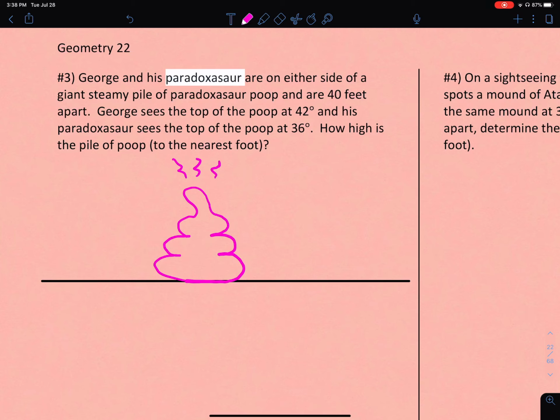George, they're either side of it. They're 40 feet apart, so let's draw George. Paradoxosaur is on the other side. They are 40 feet apart. So from here to here, it's 40 feet.